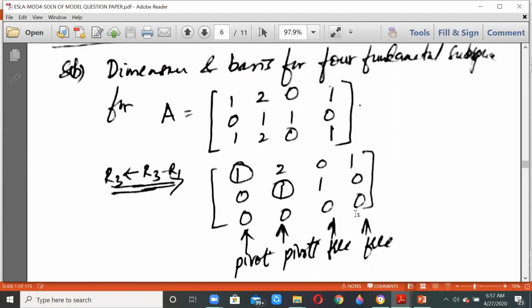So we'll get all zeros over here. Therefore, x1 and x2 are pivot variables, and x3, x4 are free variables. Further, because we have 0, 0, 0, 0 here, there will be an inconsistency problem if the value of B3 is not equal to 0.